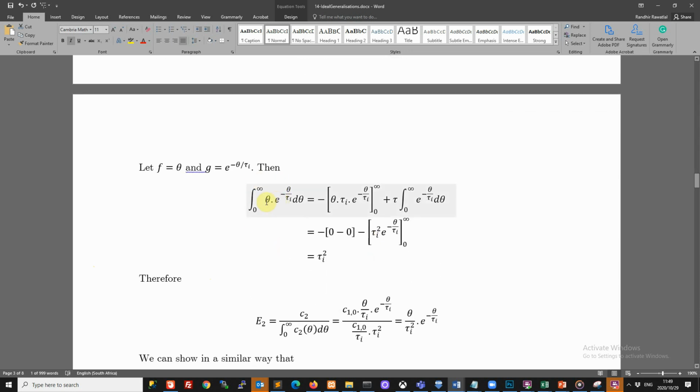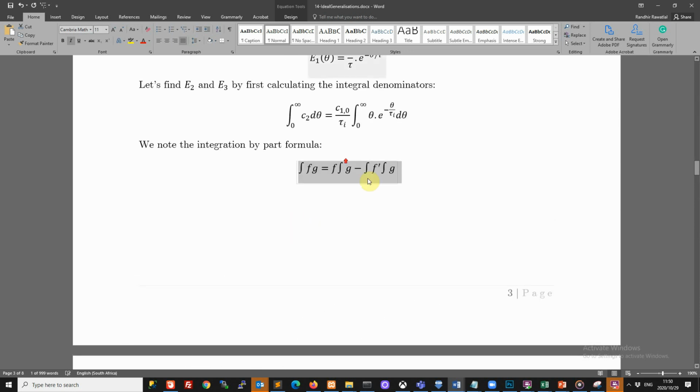So we said the integral of fg is f times integral of g. That means we just take f out here and then we integrate g. So the integral here is going to be minus tau I times e to the minus theta over tau I, integrating from 0 to infinity. So let's just park that result for now, and then do the second term. It's minus the integral of f dash g.